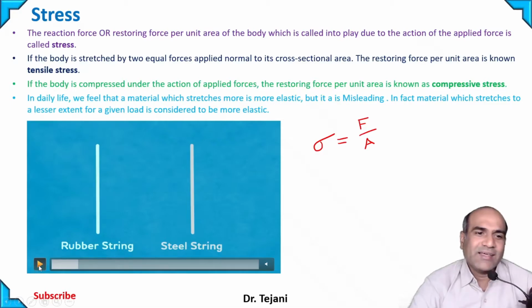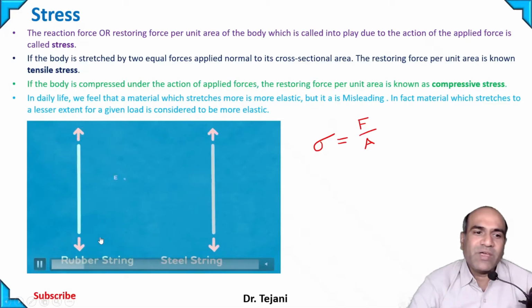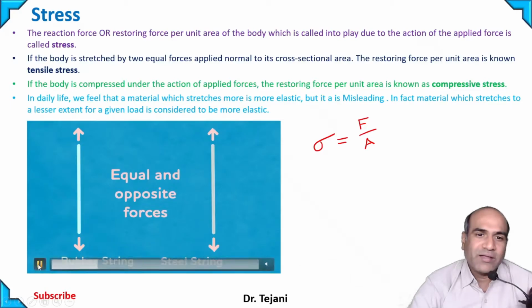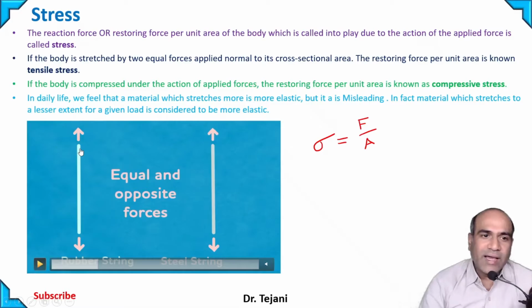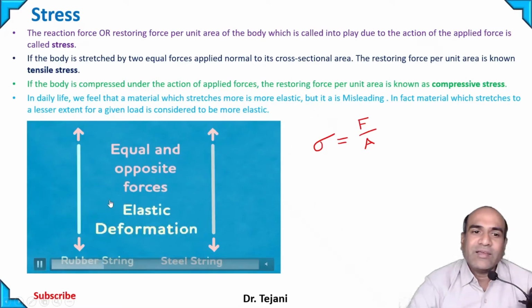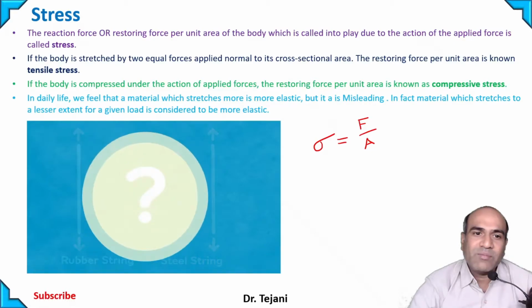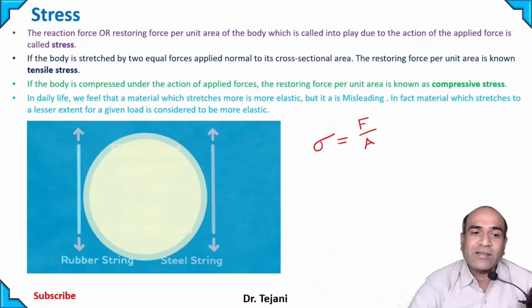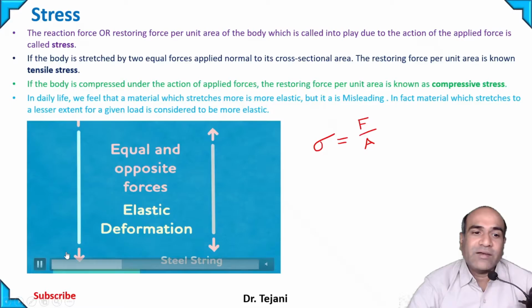We will prove that part. Don't worry. So here, if we apply equal and opposite forces for both cases, what happens? Rubber can extend to a higher level. Yes or no? Rubber can be stretched up to a higher level, right?